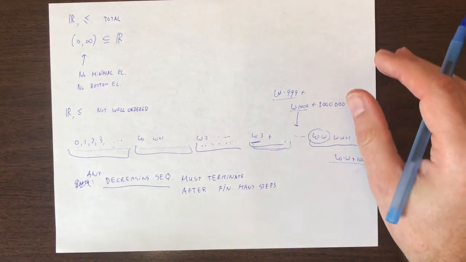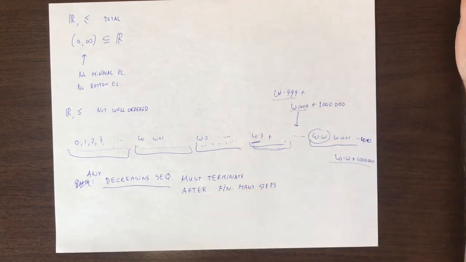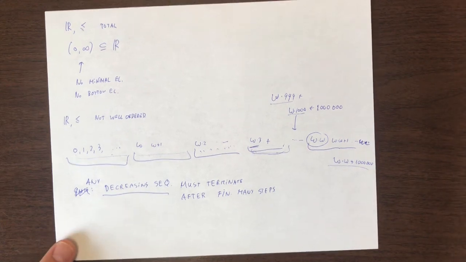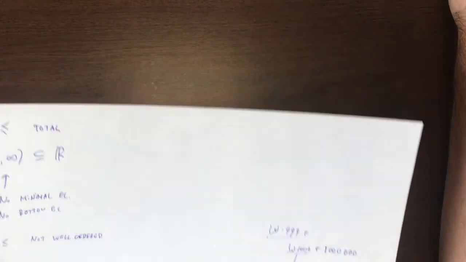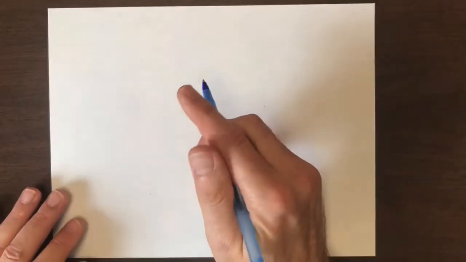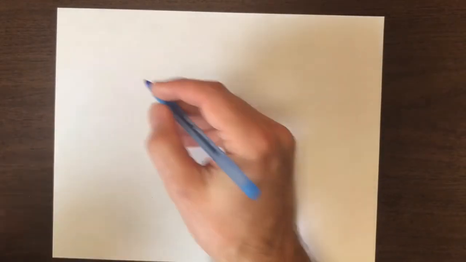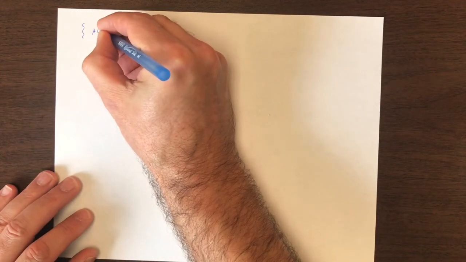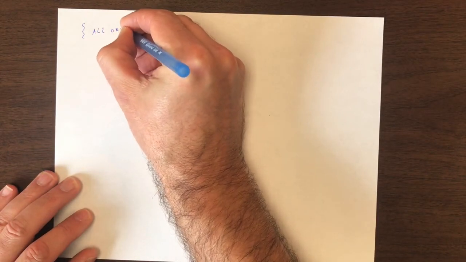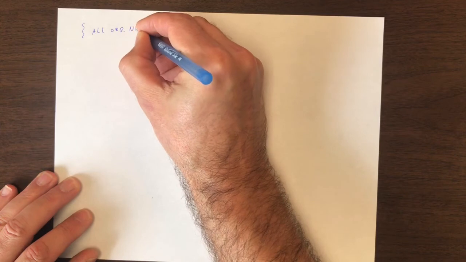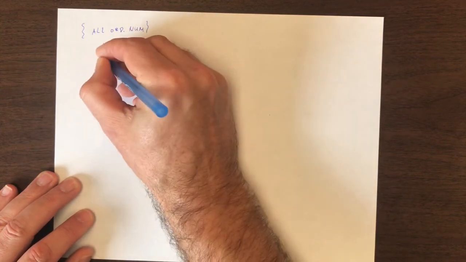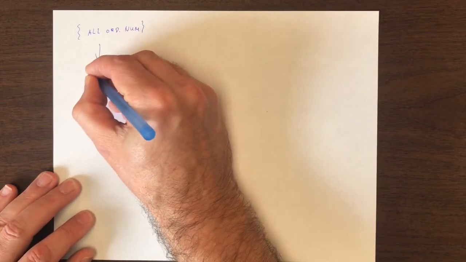So now let's see. How many ordinal numbers might there be? Well, if you pick the set of, say, all ordinal numbers, then that really quickly leads to a contradiction.